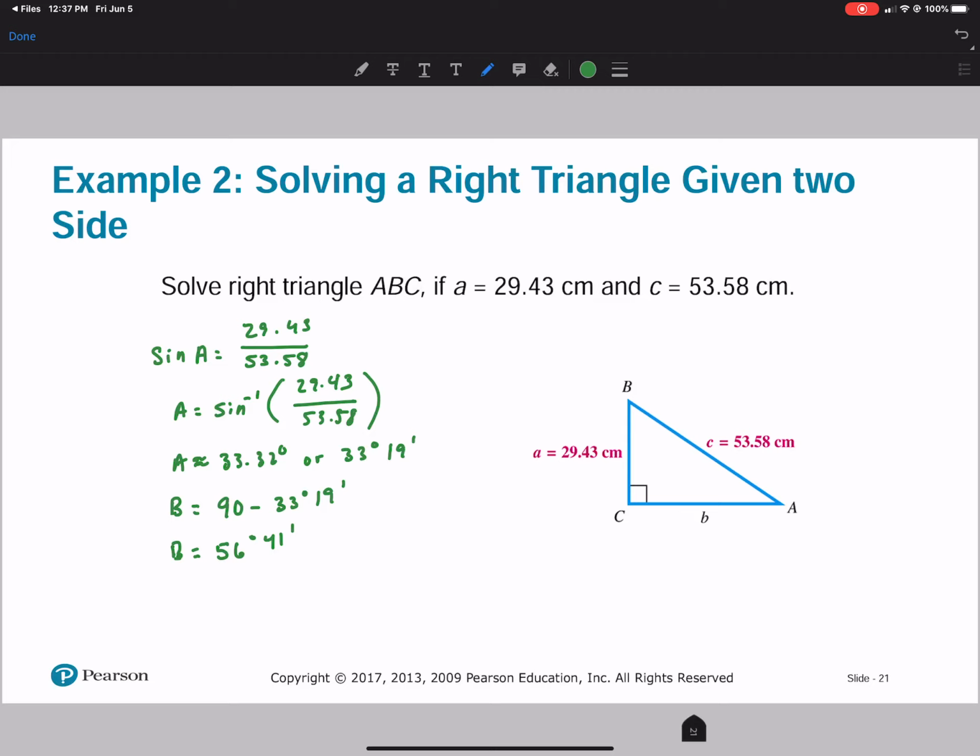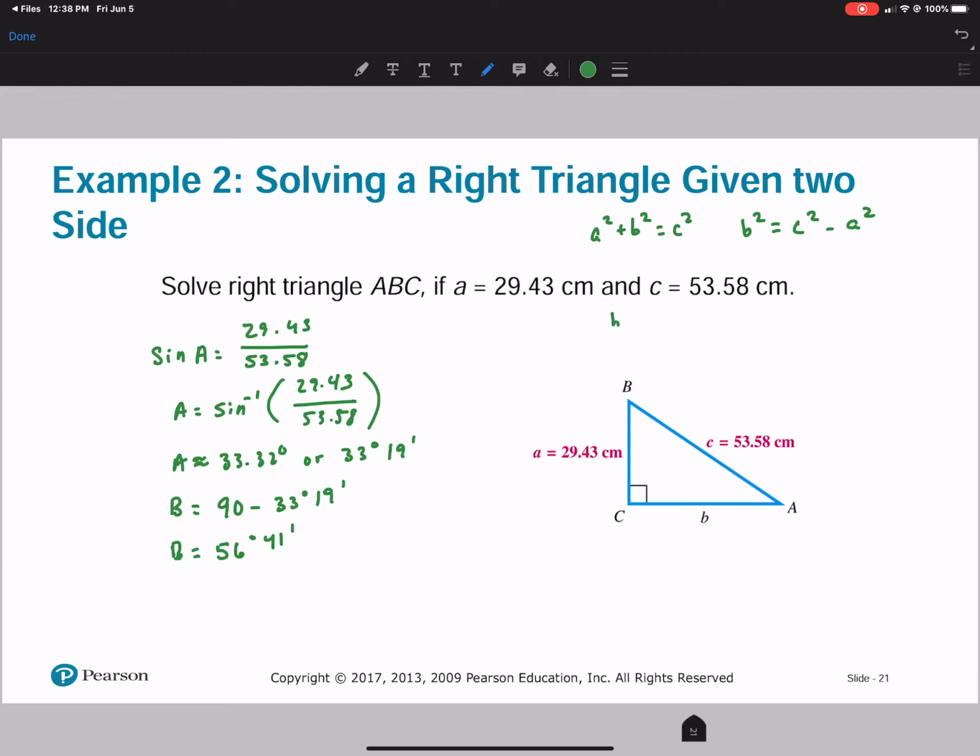All right, so now let's find side B. Remember, the Pythagorean identity: A squared plus B squared is equal to C squared. I'm going to use B squared is equal to C squared minus A squared.